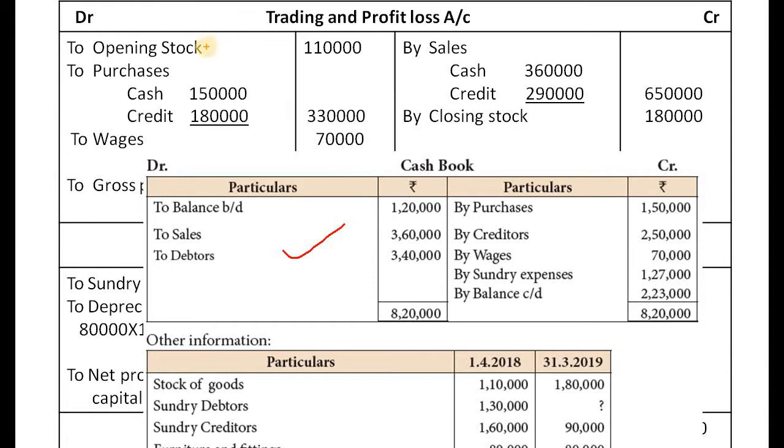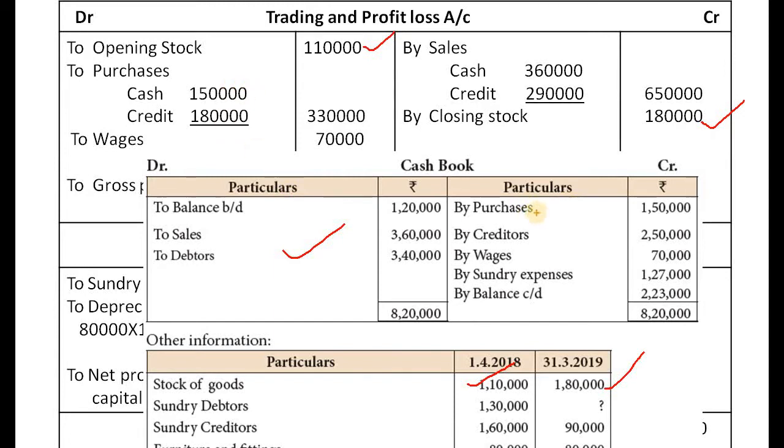First, on the debit side of the trading and profit and loss account, we have to enter the opening stock. We have information regarding the opening stock in the other information part. 1,10,000 is getting entered here. And closing stock 1,80,000 is entered on the credit side of the trading account.